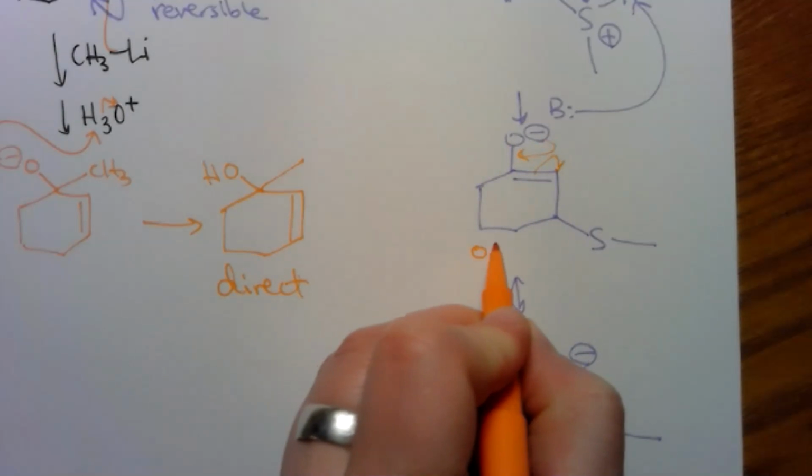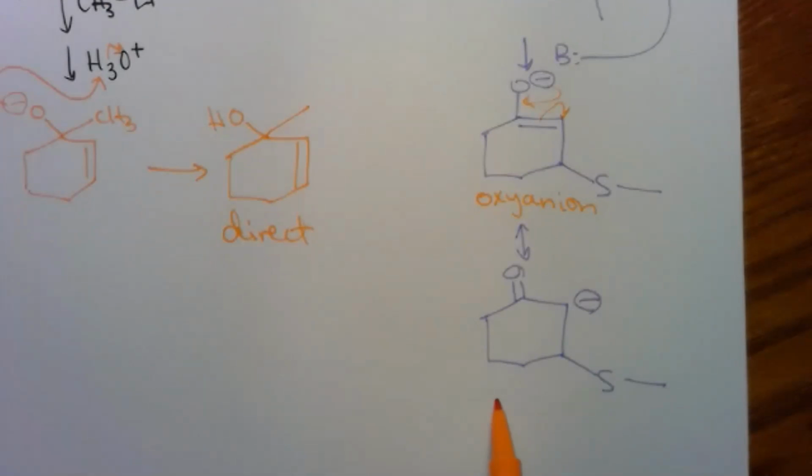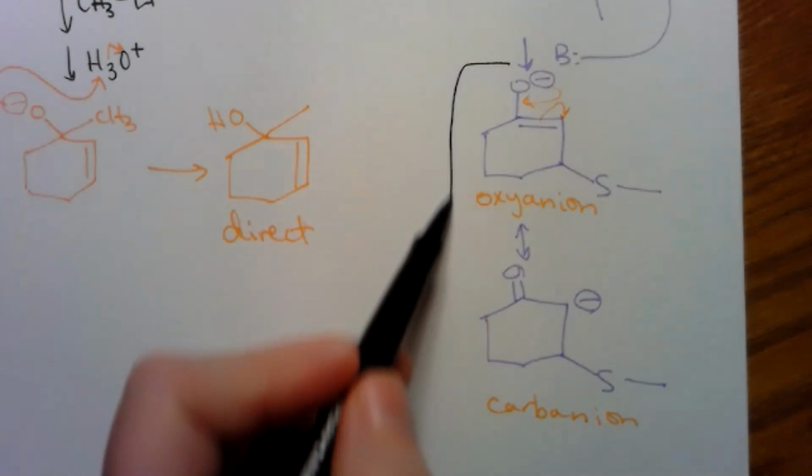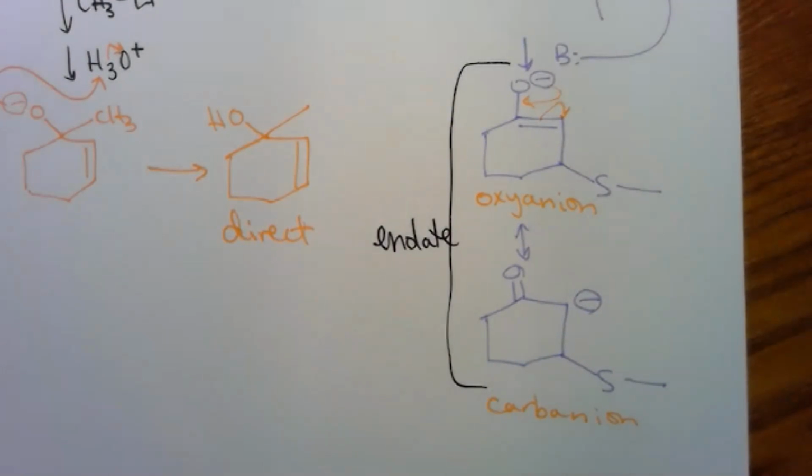This is sometimes referred to as the oxyanion, and this is the carbanion. This magical thing is called an enolate. In coming videos, you'll hear me say that word again and again. Enolate, enolate, enolate. But for now, I'm just introducing you to what it is.